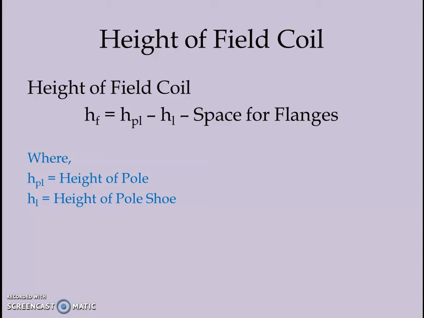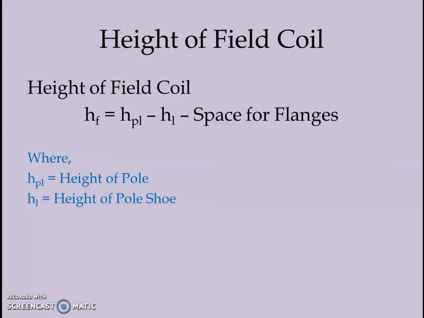We do not have much provision to adjust the height of the field coil, but the depth of the field coil, as we saw in the previous lecture, depends on the pole pitch. So we have taken a suitable value of the depth of the field winding, but to adjust the calculated number of turns in the available space, we have to adjust our depth of the field winding.